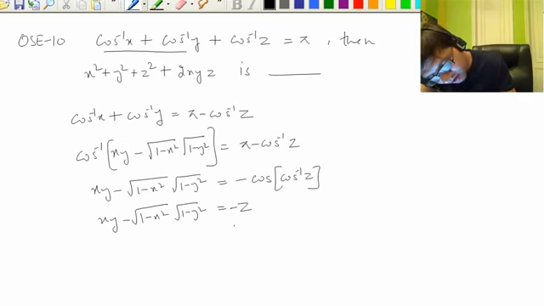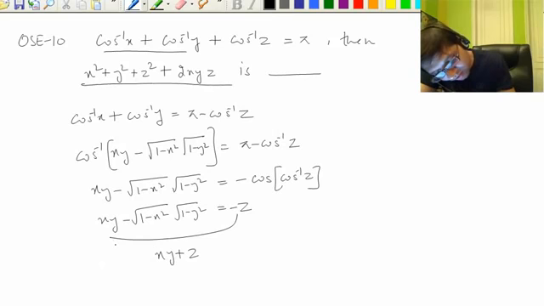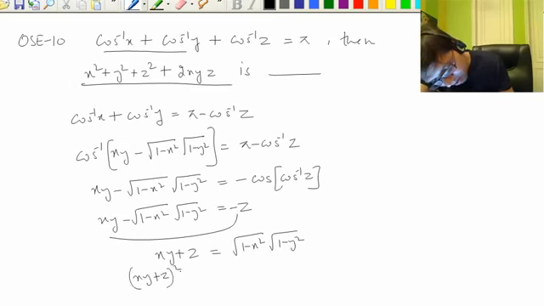Now to simplify this, we do it like this to eliminate square root, because no square root is present here. We have to eliminate square root. We say xy plus z equal to root of 1 minus x square root of 1 minus y square, and now we take square of both the sides, right? That is xy plus z whole square equals to 1 minus x square into 1 minus y square.